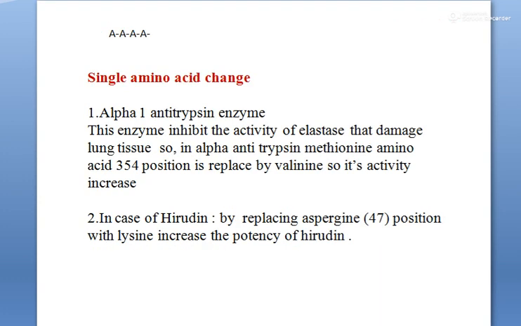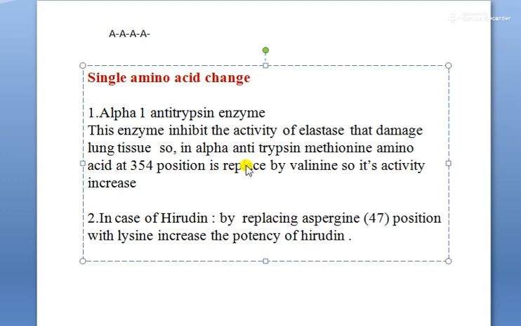As we know, we can change a single amino acid of a protein by protein engineering. Let's see the example. Alpha-1 antitrypsin enzymes. These are enzymes which inhibit the activity of elastase that damages lung tissue. So, in alpha-1 antitrypsin, the methionine amino acid at position 354 is replaced by valine, so its activity increases.